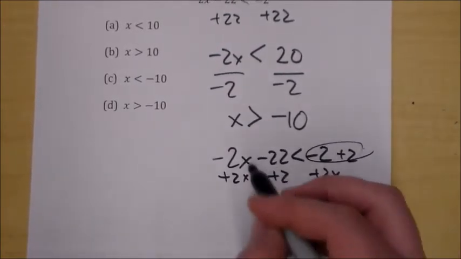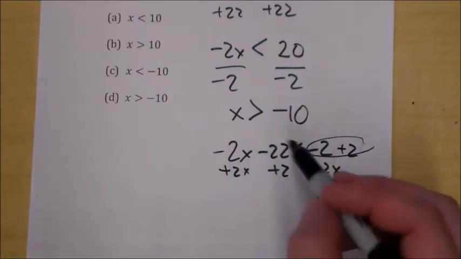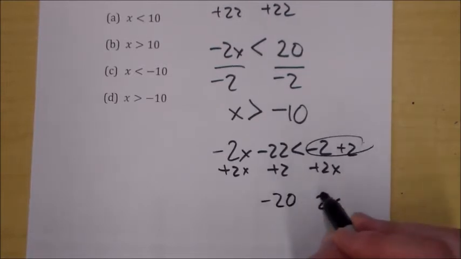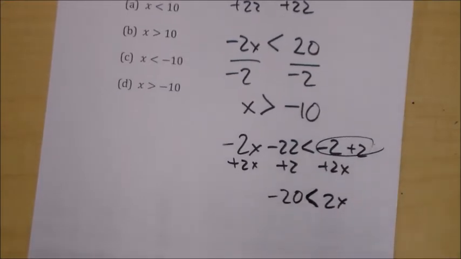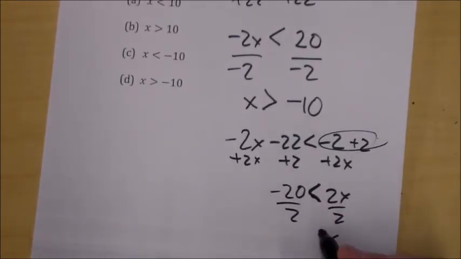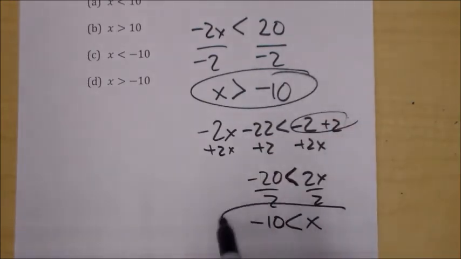I just have 2x on this side, and negative 2x plus 2x cancels out. And I have negative 22 plus 2, which gets me negative 20, and this sign stays the same because I didn't multiply or divide by a negative. And then I divide by 2 again, and I have x is greater than negative 10, which is the same thing I have up here.